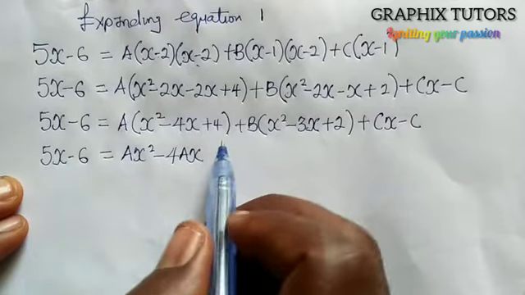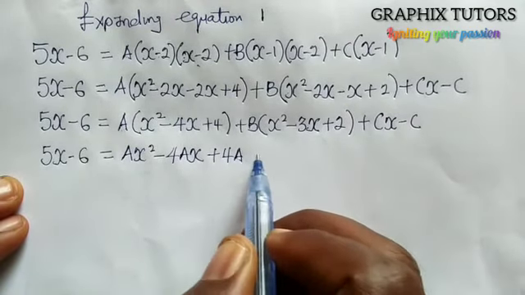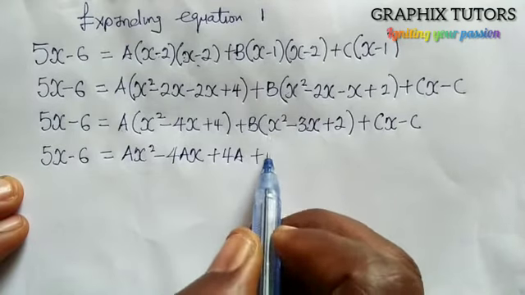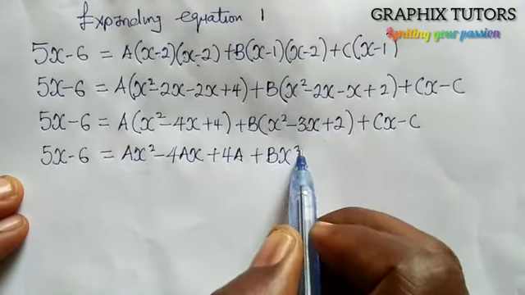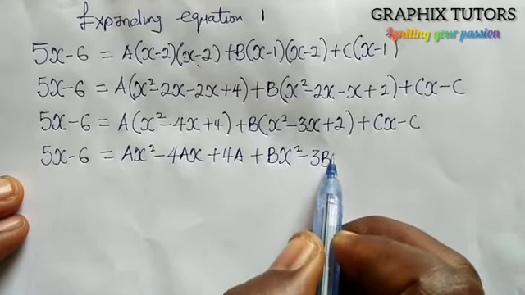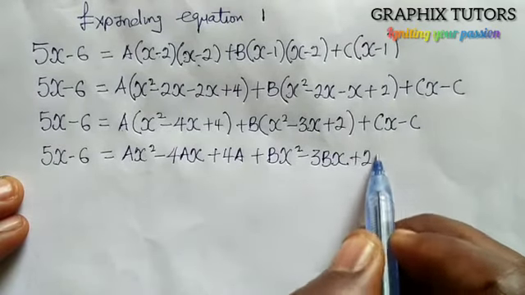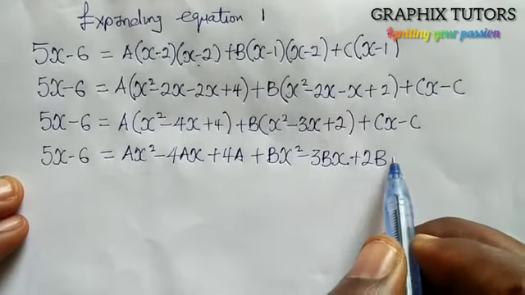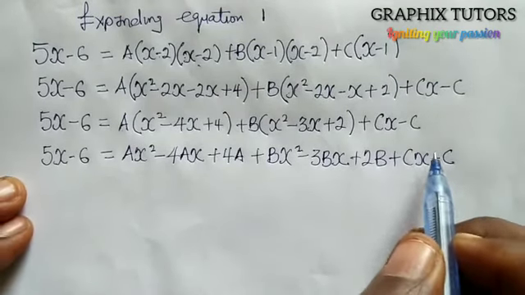A times 4 gives 4a, plus b times x squared will give you bx squared. B times minus 3x gives you minus 3bx. B times 2 gives you plus 2b. Then we have plus cx minus c.